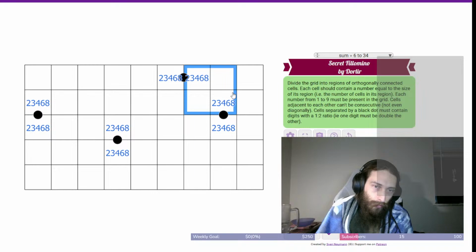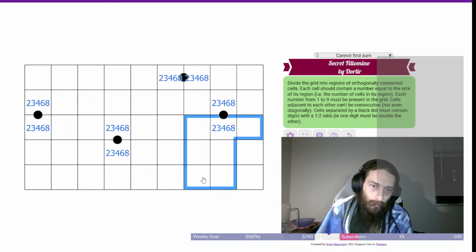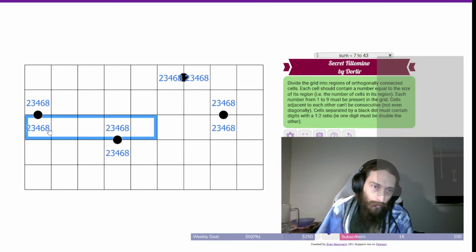Because if we did 4 over here to give you 2 and 8, then you couldn't use 2, 4, or 8 over here. 2's not going to be able to reach to get to the other one, and you couldn't use 4 or 8 again. Yeah.